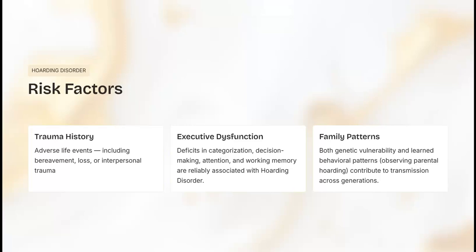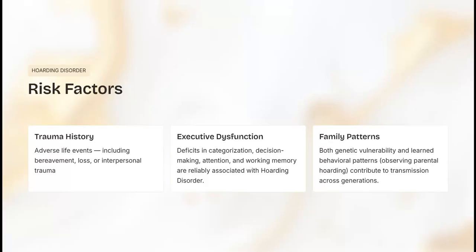They may have executive dysfunction, such as deficits in categorization, decision-making, attention, and working memory. This is reliably associated with hoarding disorder, and it explains the persistent difficulty people have with sorting and discarding anything they can.